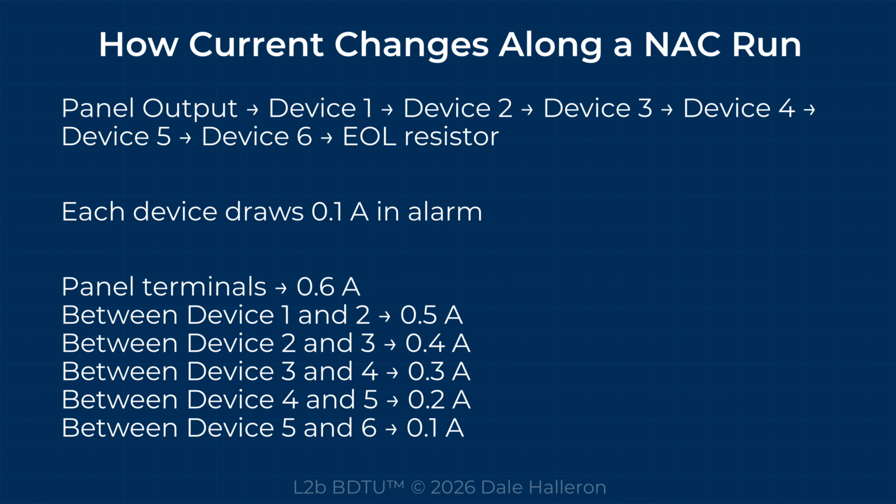At the panel terminals, you'll read 0.6 amps. Between devices 1 and 2, you'll read 0.5 amps. 2 and 3, you get 0.4. 3 and 4, 0.3. 4 and 5, 0.2. And between 5 and 6, you get 0.1 amps.